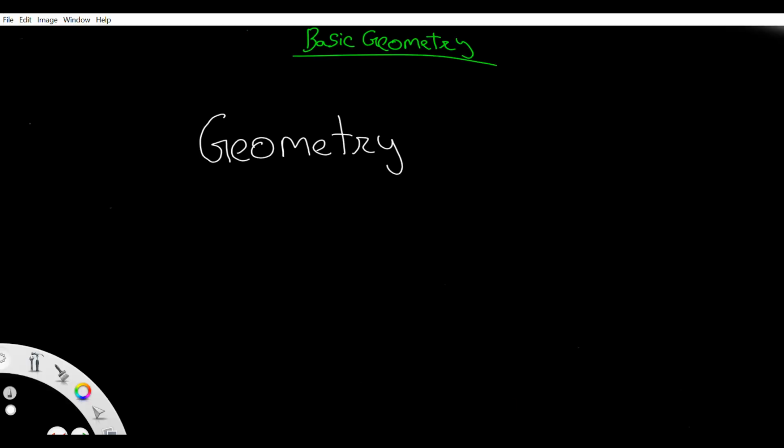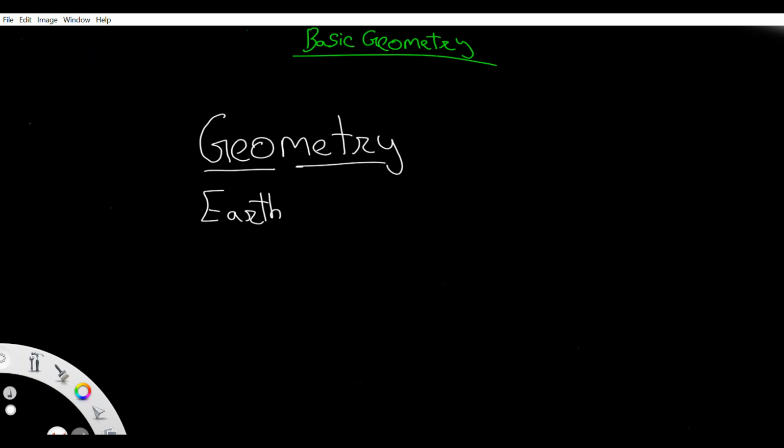So what do we mean by geometry? Some people may recognize this root word geo, which is the same in geography and geology. And this root word means earth. And this metry, we see it in trigonometry and the metric system.